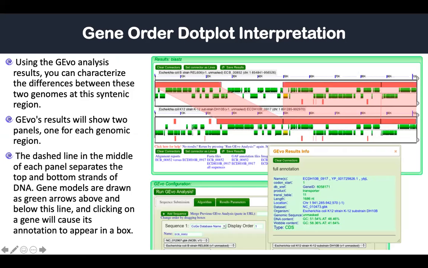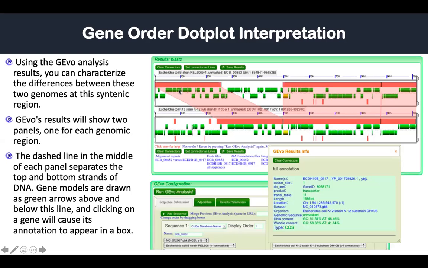Using the GEvo analysis results, you can characterize the differences between the two genomes you've chosen to compare at these syntenic regions. So for instance, over here, you're comparing REL606 with the K12 DH10B strain.